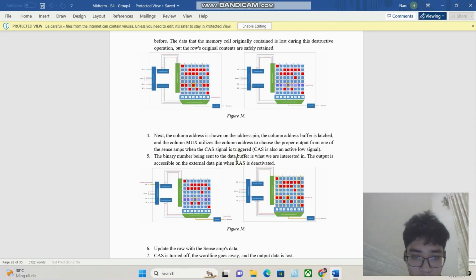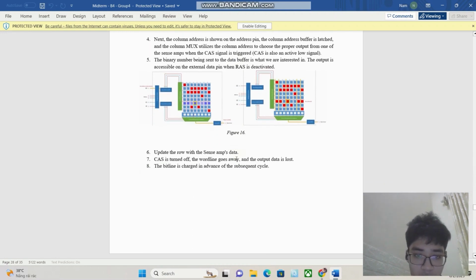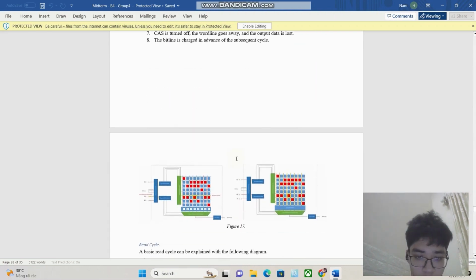The binary number being sent to the data buffer is what we are interested in. The output is accessible on the external data pin when RAS is deactivated. Update the row with the sense amp data. CAS is turned off. The word line goes away, and the output data is lost. The bit line is precharged in advance of the subsequent cycle.